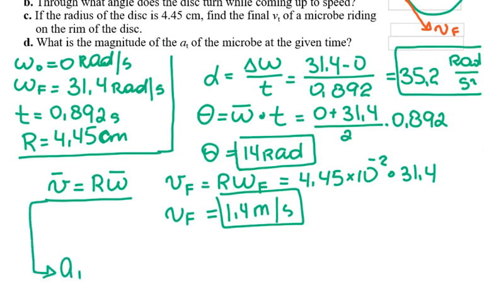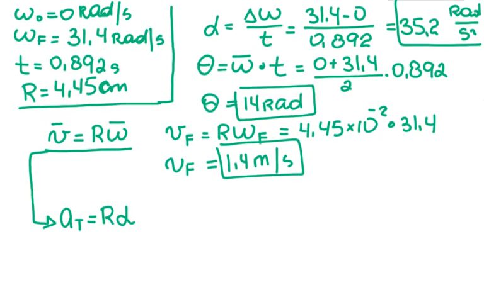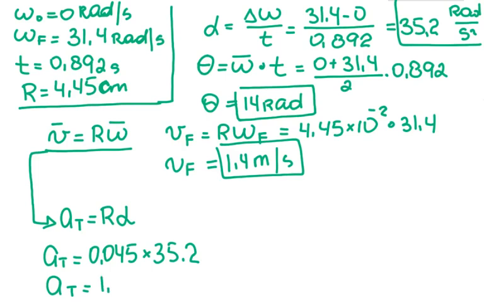I could use it as before, from this formula that we derived earlier. I could say tangential acceleration is equal to r times alpha, and I just found alpha, so I'm gonna plug it in. Tangential acceleration is equal to r, which is 0.045, times angular acceleration, which is 35.2. So tangential acceleration is equal to 1.57 meters per second squared.